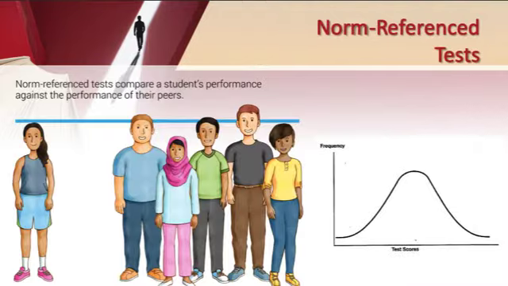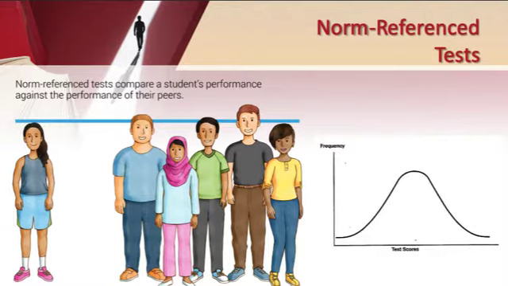Normed reference tests. A normed reference test is used to compare a student's score to that of other students. The test results are reported as percentile rankings. They compare a student's performance with those students in the norming population. A norming population is understood as the group of students who already took the same test and whose results serve as the basis for comparison.